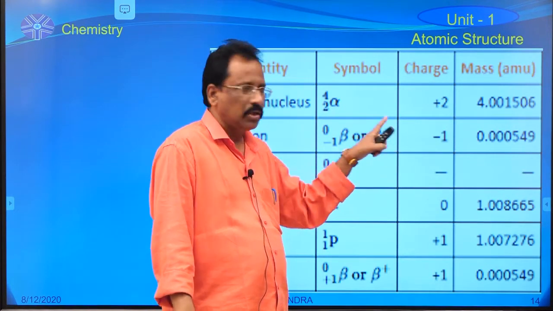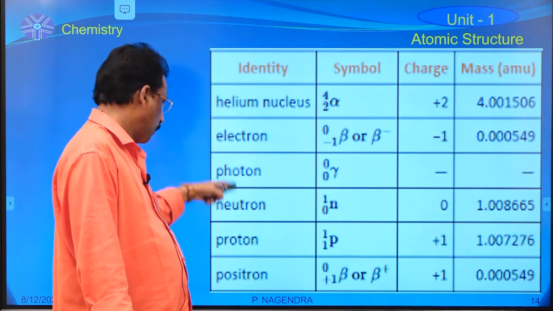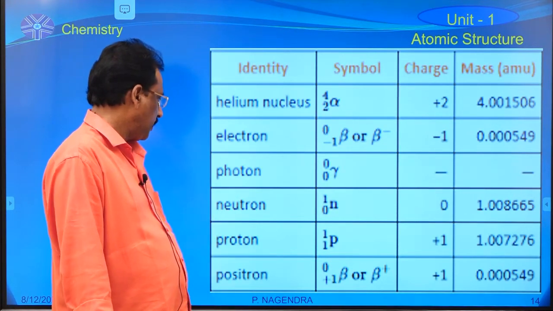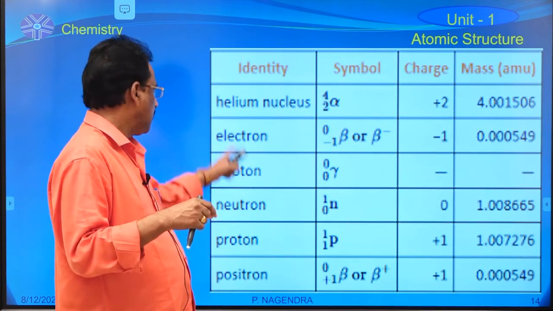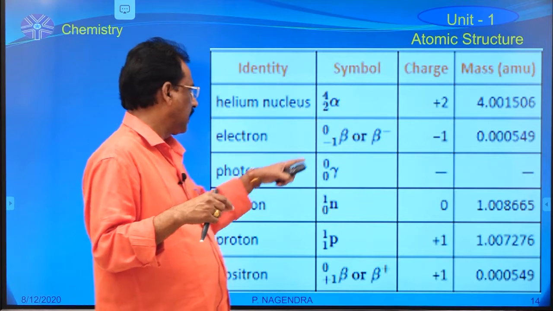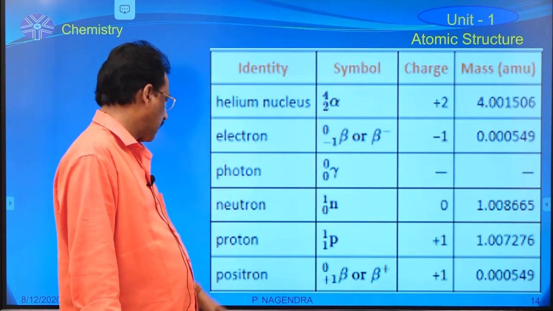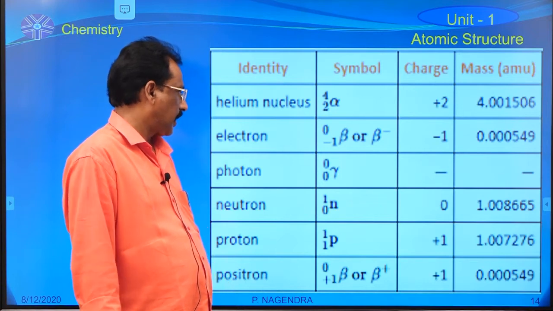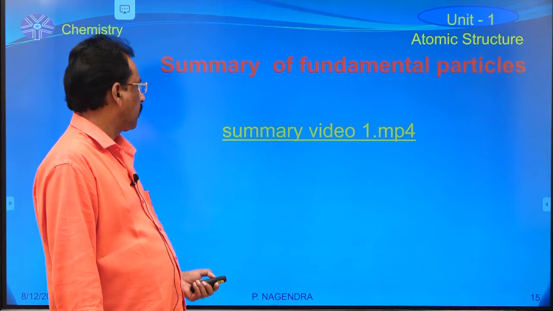Its charge is 0, mass is also 0, and this is already known to you. Another particle present in the nucleus is the positron, e plus. Electron, e minus, or beta particle is also another representation of the electron. E plus, positron, has positive charge, and it is the antiparticle of matter.